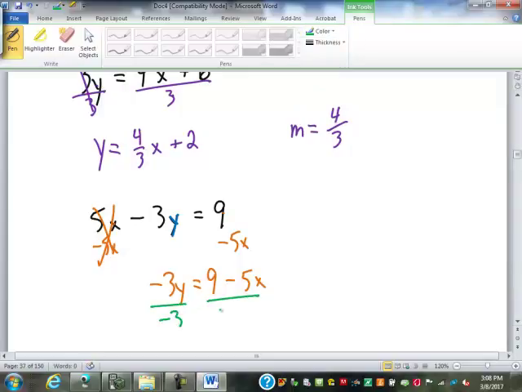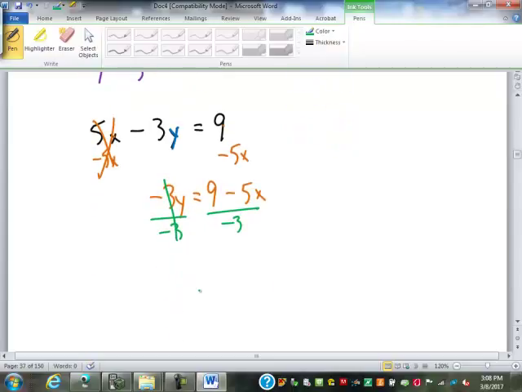Divide by negative 3. So that's gone, leaving me with just y. Remember, I have to divide every term by negative 3. So 9 divided by negative 3 is negative 3. Negative 5x divided by negative 3.